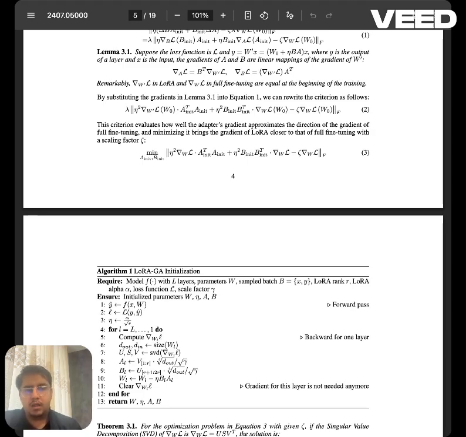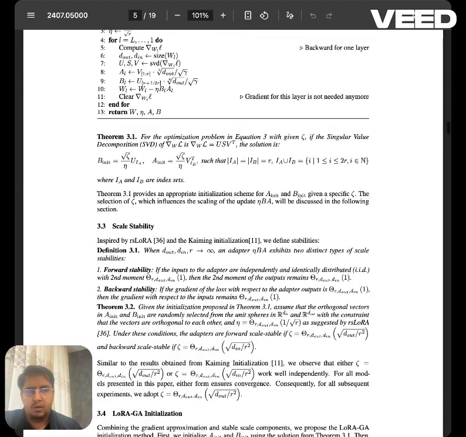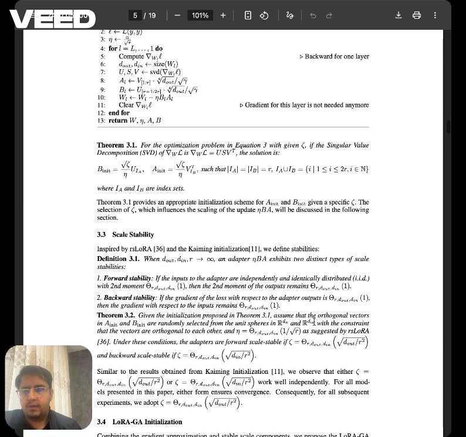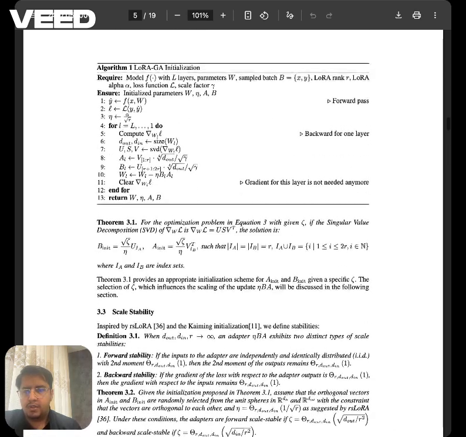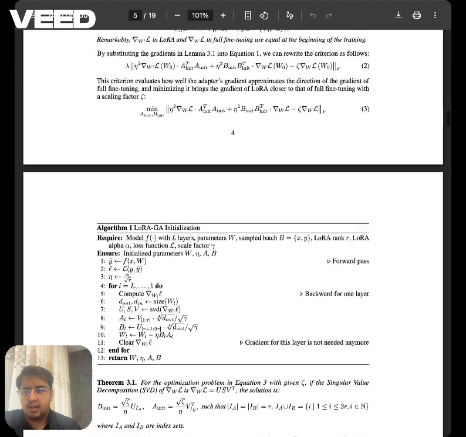Therefore, LoRA-GA does turn LoRA into a first order approximation for full fine tuning, instead of constraining it to a low rank manifold. In transition, I feel we've covered most of the mathematical aspects here.